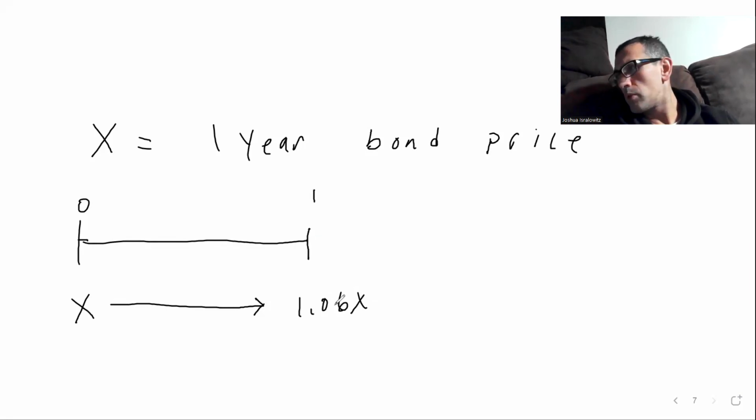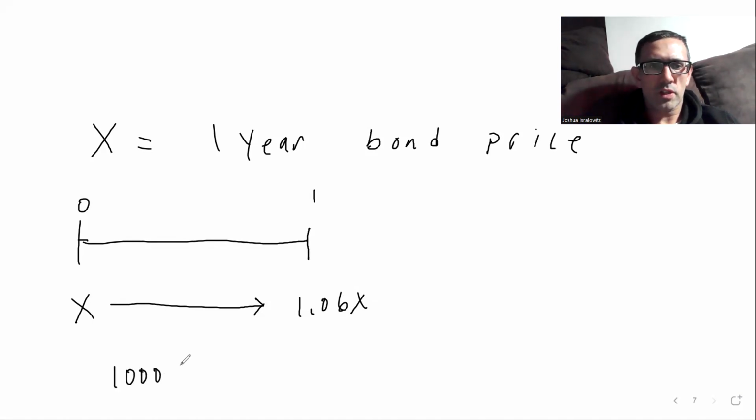And this is used to pay $1,000. So 1,000 equals 1.06X, and just solve for X, you get 943 and roughly 40 cents. And it's 1,000 because you need 1,000 to take care of that first liability.